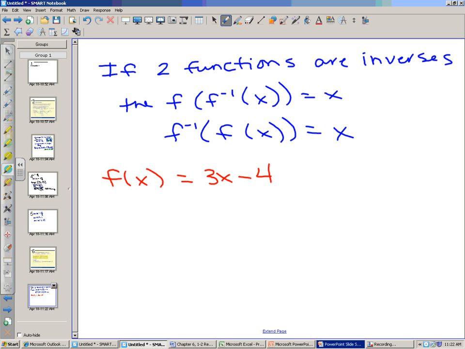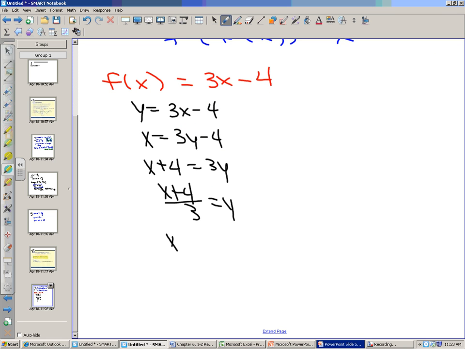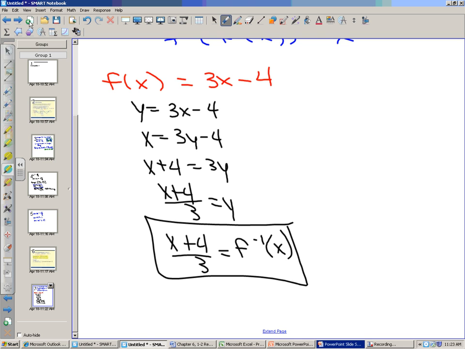Do you remember we replaced f of x with y, then we swapped x and y, then we solved for y, and then we replaced the y with the f inverse. Do you remember us doing this? Way back at the beginning of the year. We did this, okay?